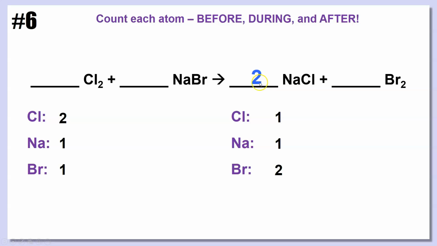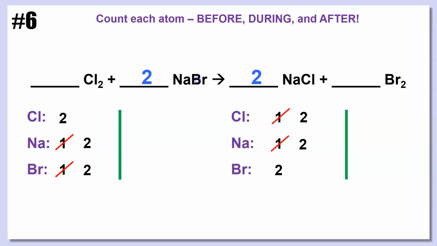I'm going to start by putting a 2 here to fix my chlorines, but I messed up my sodium at the same time. Then I'm going to go back to this side, fix my sodium, messed up my bromine, but look, I didn't mess it up. I actually fixed it without even trying to, which is kind of nice.